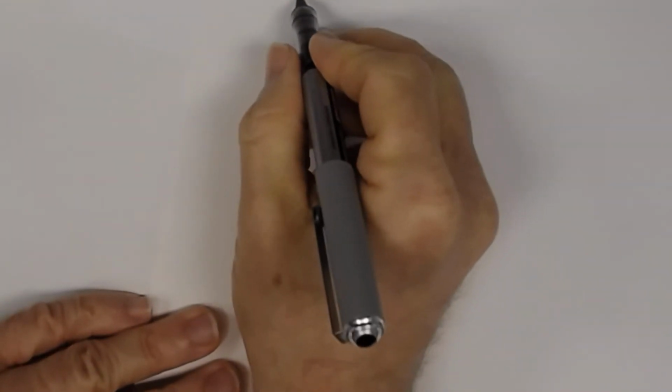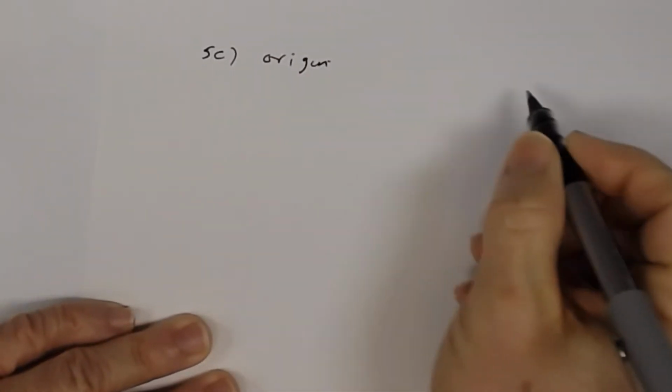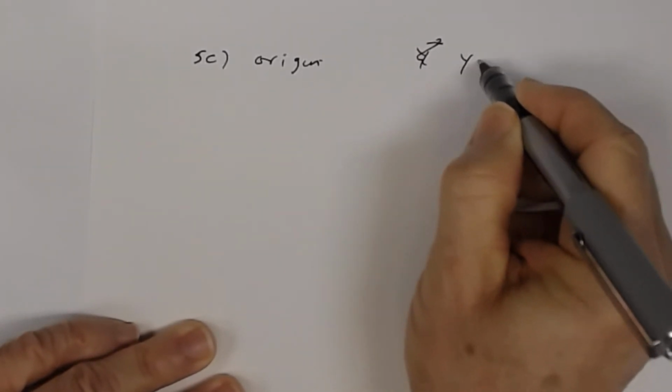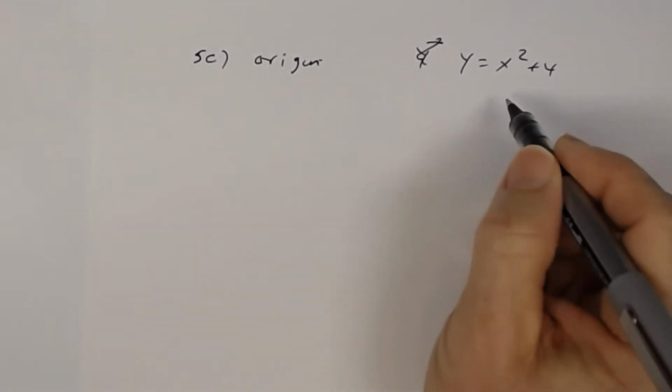All right, and then C. In C, you want to look at origin. So the question is, does y equals x squared plus 4 have origin symmetry?